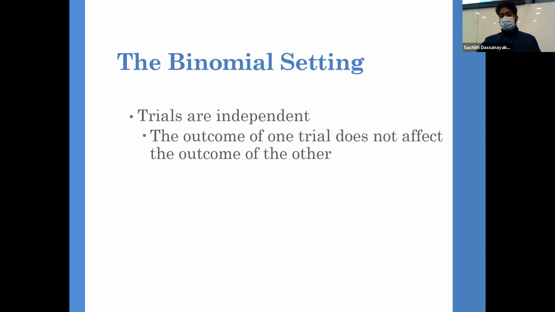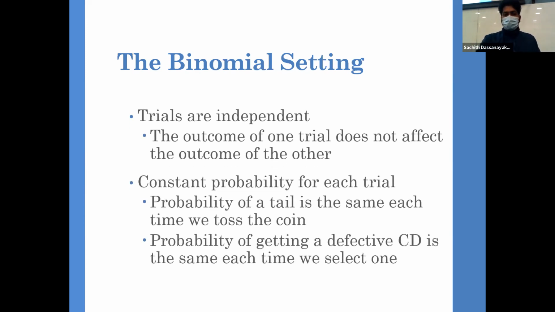Trials are independent. They have nothing to do with the others. The probability of each outcome is constant. It doesn't change during the experiment. Let's say the probability of having a head is 0.4.